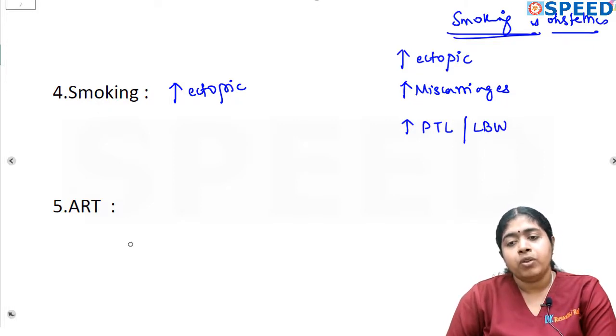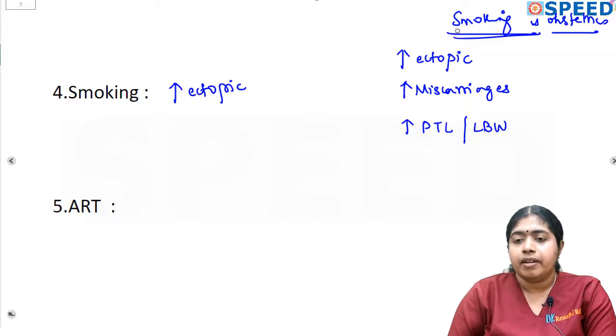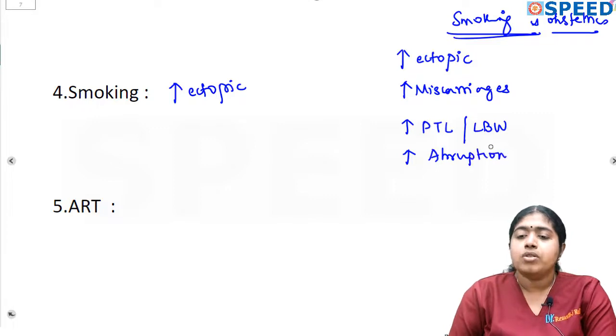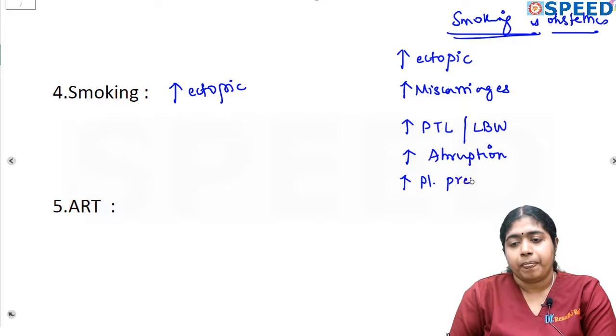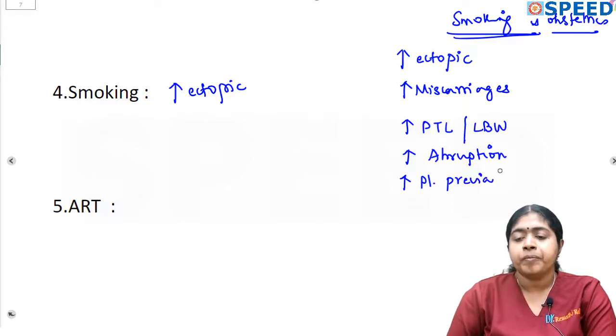Women who smoke have babies whose weight on average is some 150 to 200 grams lesser compared to the standard. It increases the risk of abruption, and also increases the risk of placenta previa. Is that okay?